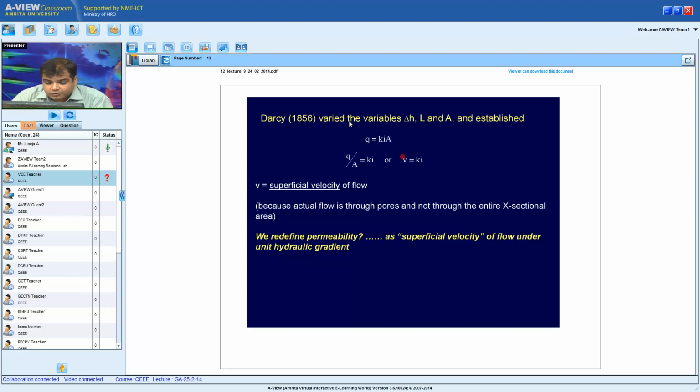Superficial because the flow in this case is assumed to occur over the entire cross-sectional area A, the entire tube. But the tube has soil in between, and the flow only occurs through the voids, through the gaps between the soil particles. In other words, the flow will never occur under A. It only occurs under a smaller area. That is why we call this superficial velocity.